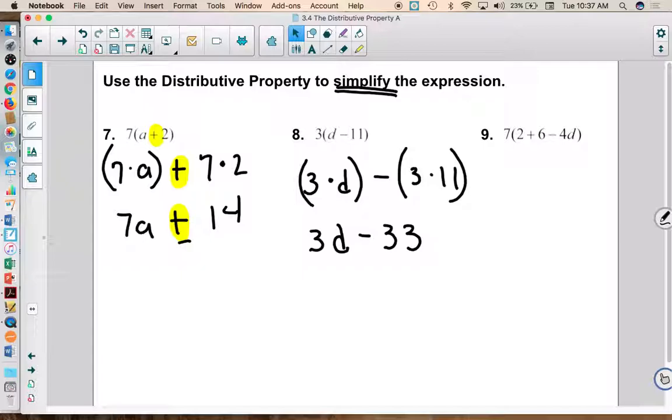Is number 9 going to be really hard? Is it different? A little bit, because it's got 3 parts. But how do I know? Is number 9 going to get you with this one and this one? Okay, so expand number 9 for me.